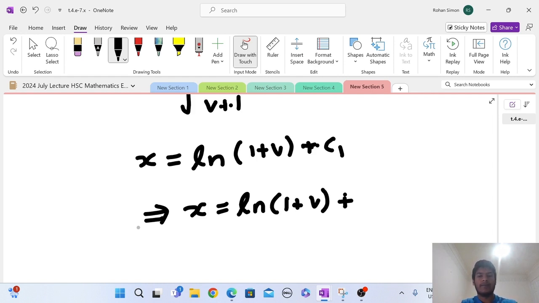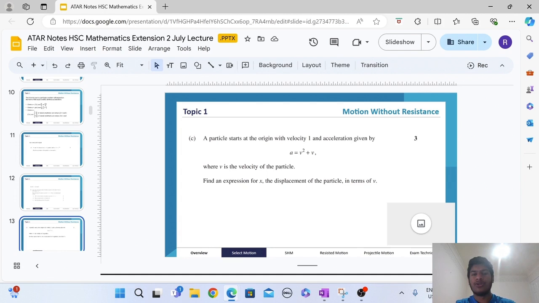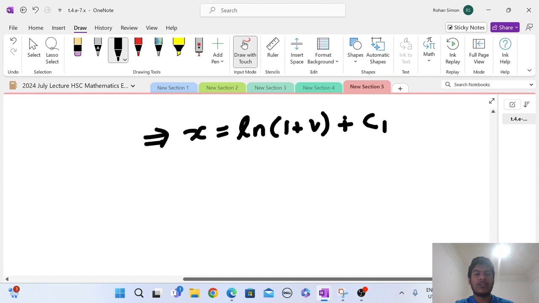So we have that. How do we evaluate the constant? Well, we need to look back at the question, look for some sort of initial condition or some point along the path or something like that. And clearly at the beginning of the question, they've said a particle starts at the origin, so t equals 0, x equals 0, with velocity 1, right? So t equals 0, x equals 0, v equals 1. We don't have a time in this, so we can use our x equals 0, v equals 1 expression.